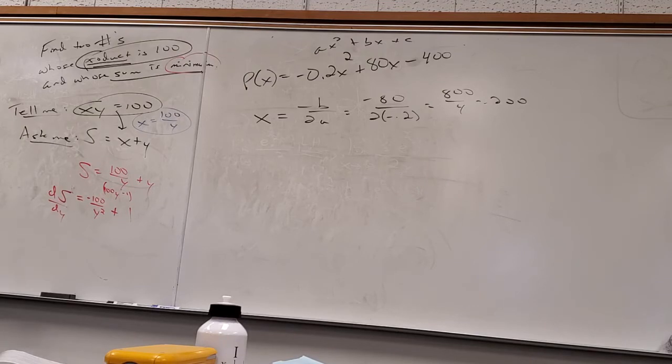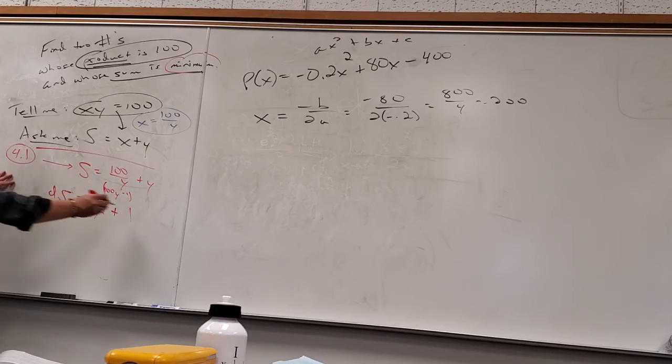And then the minute we got here, we're back in section 4.1. Some of you guys are like, that's still a problem for me, but do it. Where do I go from here? We got the derivative, set it equal to 0.